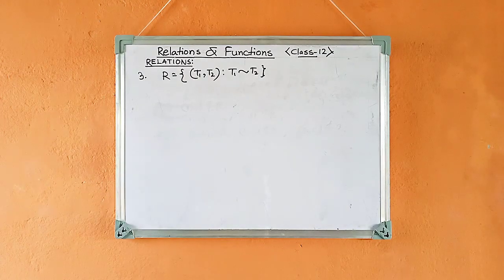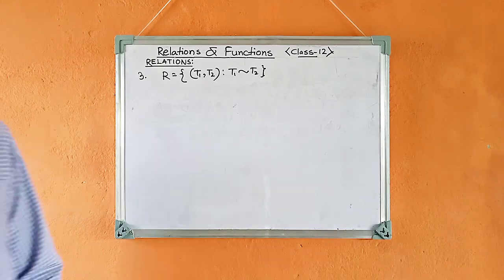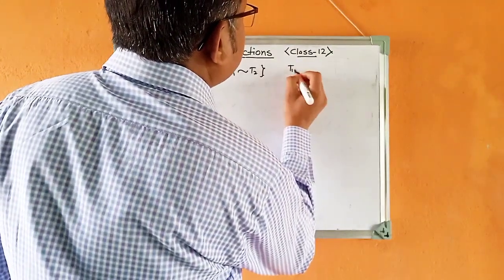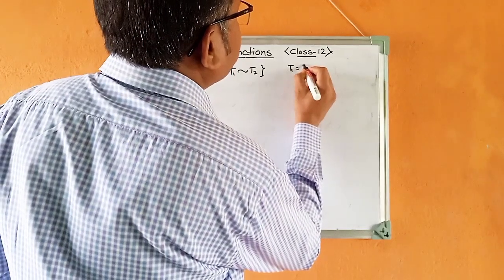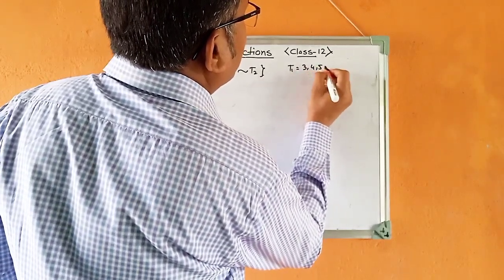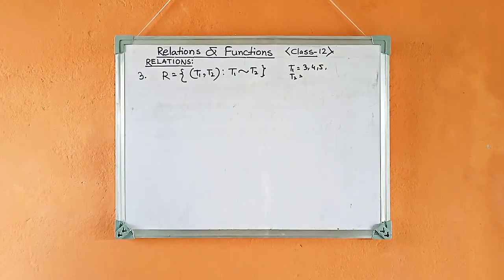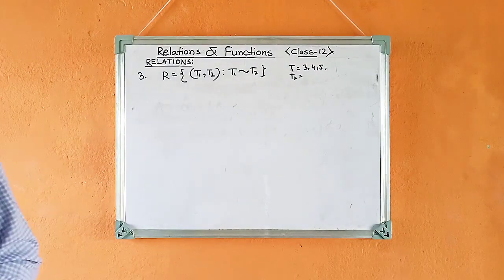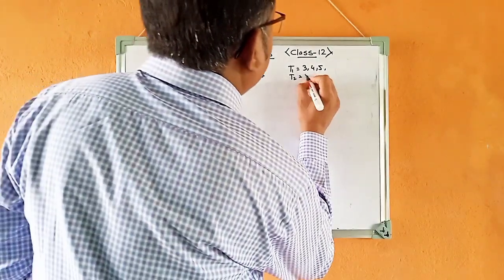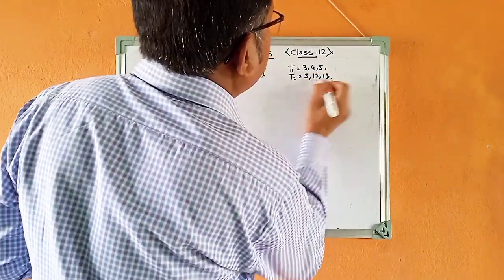And the second part: consider three triangles. T1 has sides 3, 4, 5. Triangle T2 has three sides 5, 12, 13.